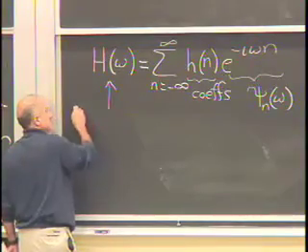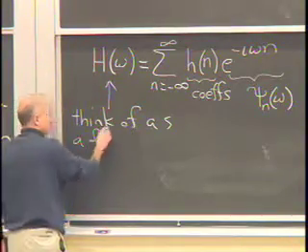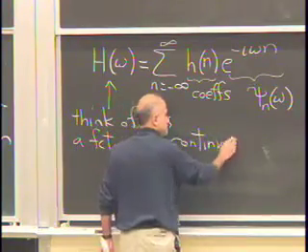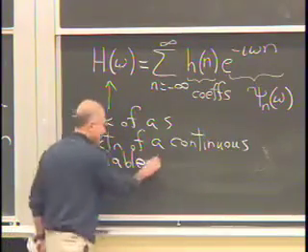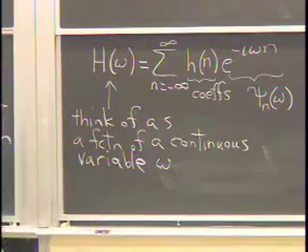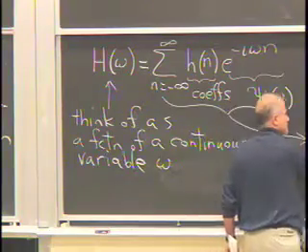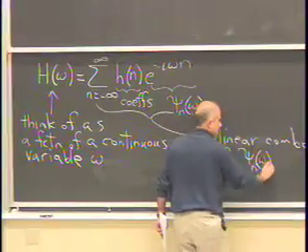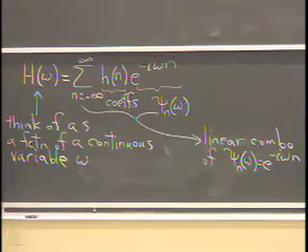Think of this as a function of a continuous variable omega, and the right-hand side is a linear combination of a bunch of these c_n of omega.